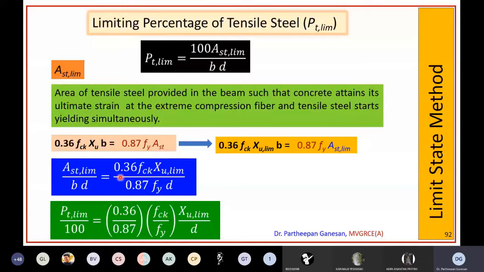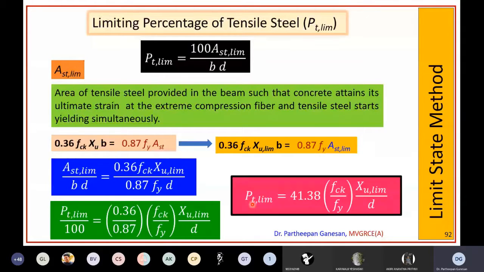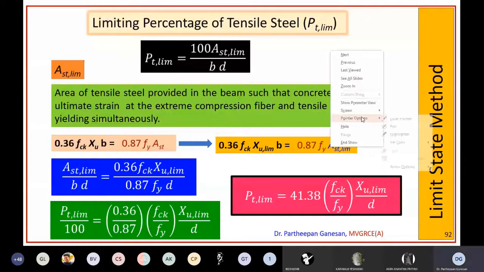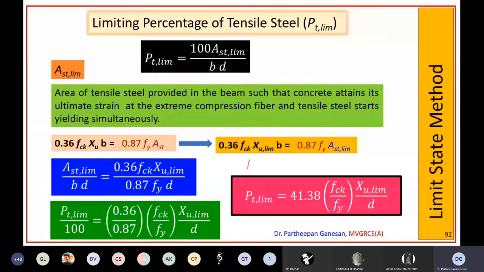So PT limit is equal to 0.36 divided by 0.87 into 100 into FCK by Fy into XU limit by D. You have to remember this, it is not given in your code. In some books PT limit is written as 41.6, and the rest is the same: FCK divided by Fy, XU limit by D.